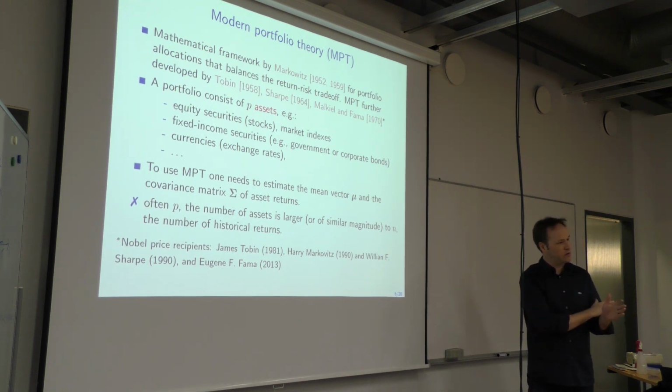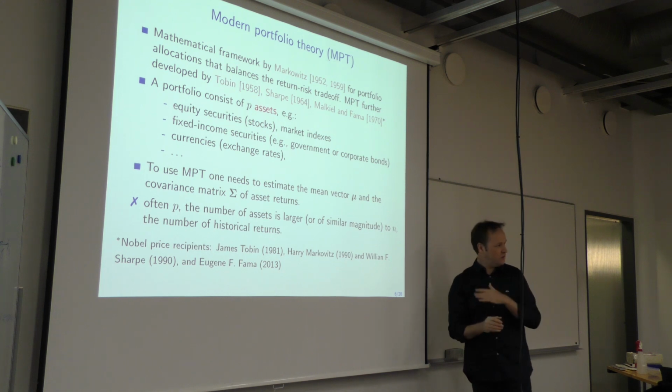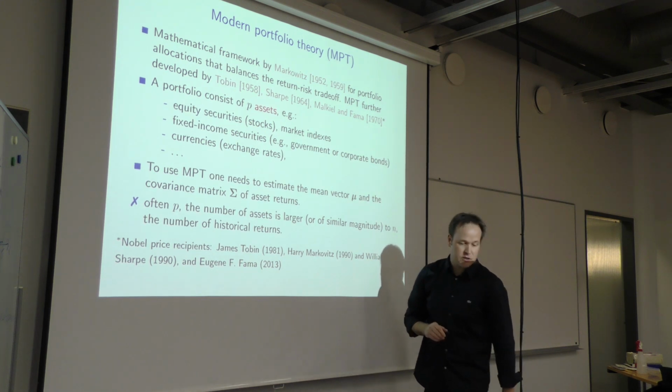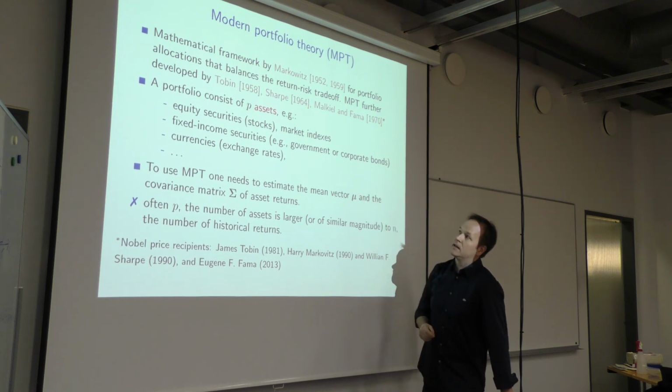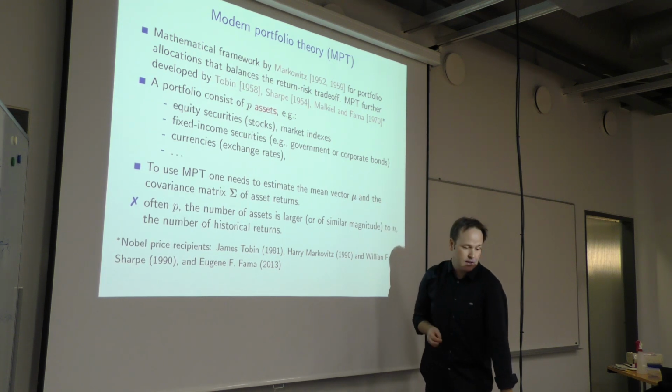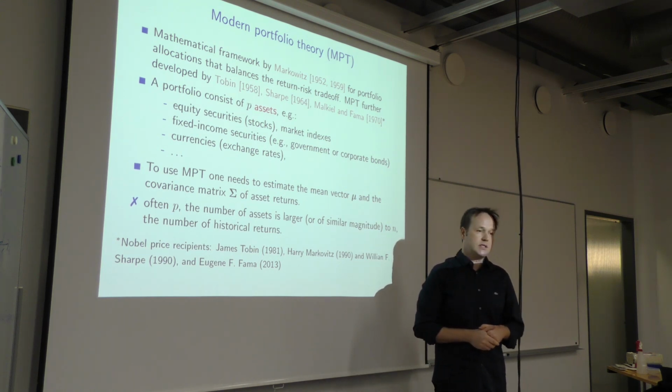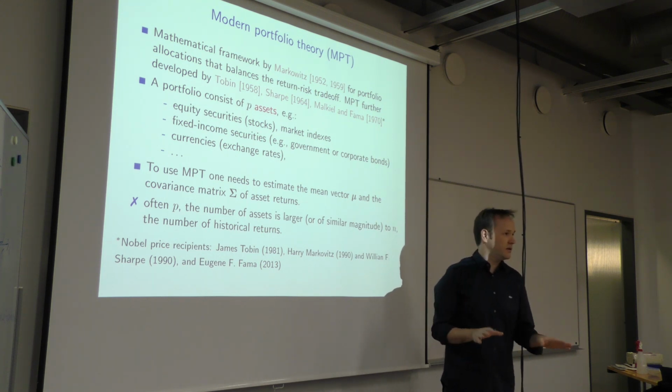Of course, you have lots and lots of available data, but it doesn't make sense to look too far into the past. So what is the portfolio? It basically consists of stocks, market indexes, government bonds, corporate bonds, currencies, and so on. So there's a lot of stuff in the portfolio.